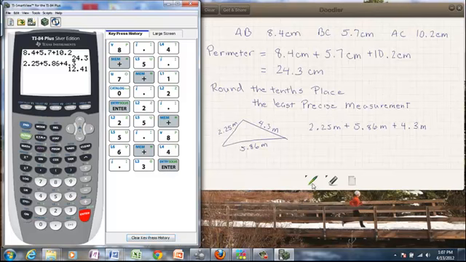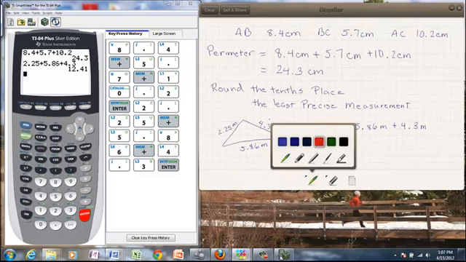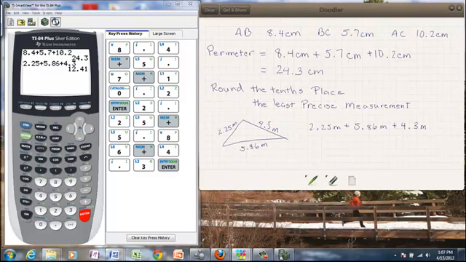Okay, maybe not really nasty, but I will write a note to you because when you measured this side, this 3 is approximate. Somebody might have measured it as a 2 or a 4. So when I look at this answer over here, this tenths place is questionable. So I don't want to write down 12.41 if I really don't know the tenths place that well.